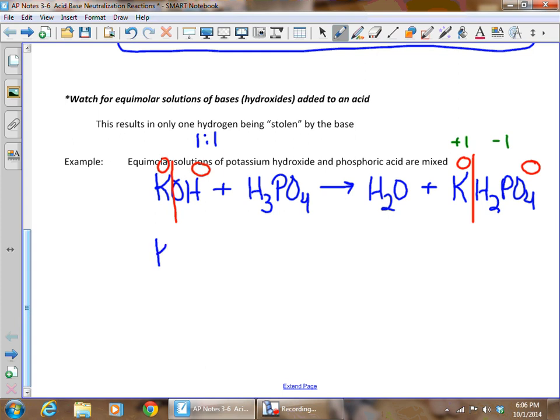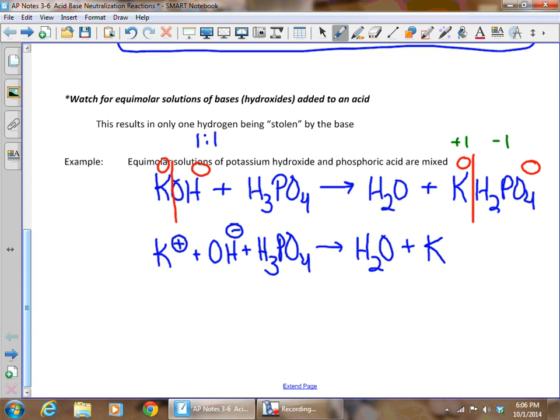We end up with K plus OH minus plus H3PO4, and it's going to react to form H2O and our kind of odd K plus H2PO4 minus.